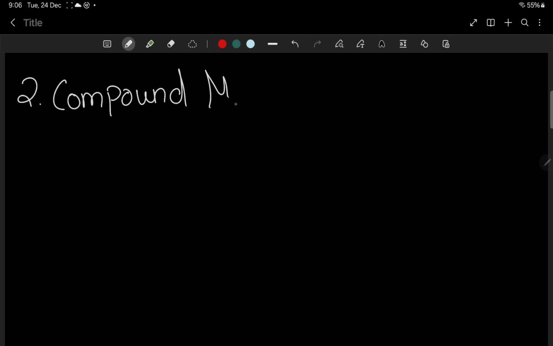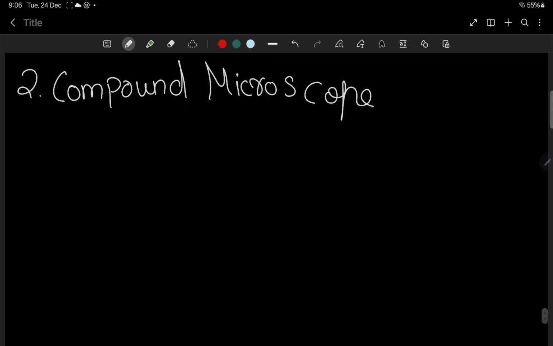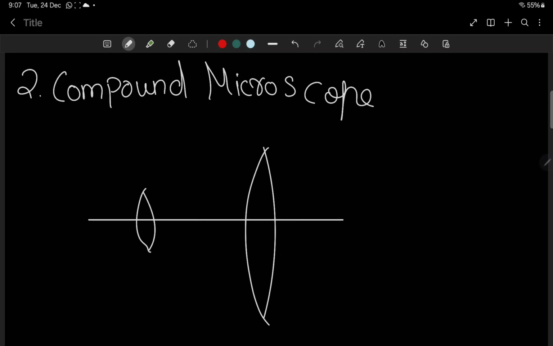Next we have the compound microscope. A compound microscope really has one small lens and one big lens.